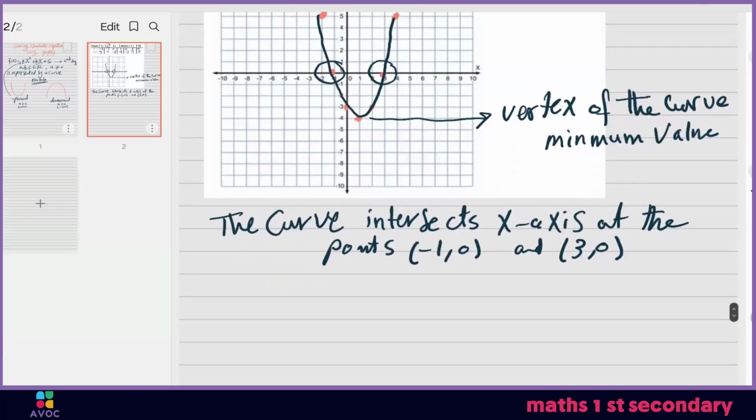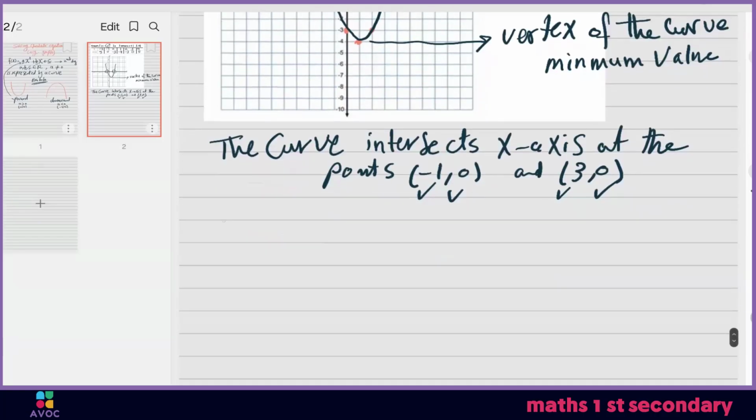So when x equals -1, the value of y equals 0. When the value of x equals 3, the value of f of x, or the value of y, equals 0.